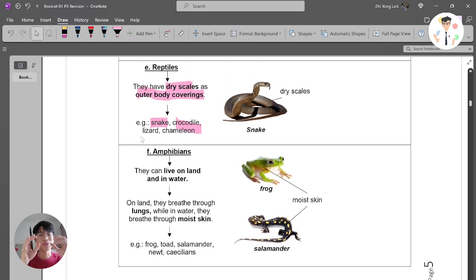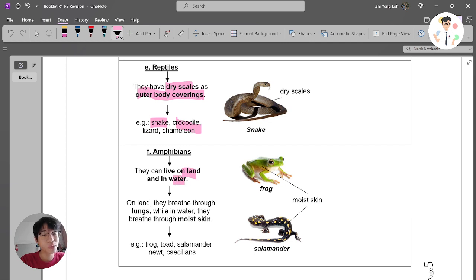What is most special about amphibians is that they can live on land and in water. And because they can live on both land and water, there must be something special about them, which is their method of respiration.